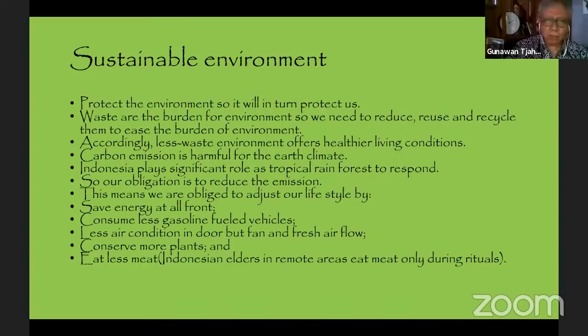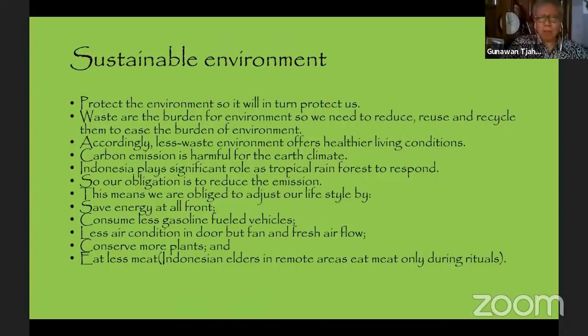Protect the environment so it will in turn protect us. This is, I think, a good proverb. Waste are the burden for environment, so we need to reduce, reuse, and recycle them to ease the burden of environment. Accordingly, a less waste environment offers healthier living conditions. Nobody can also deny this.